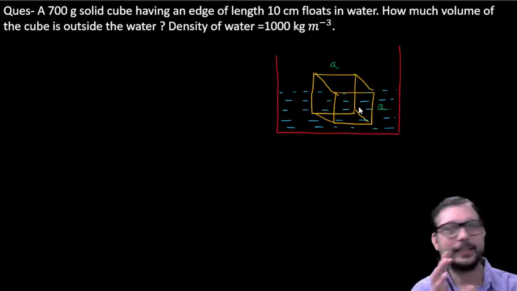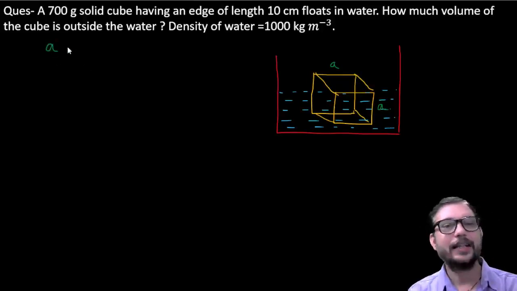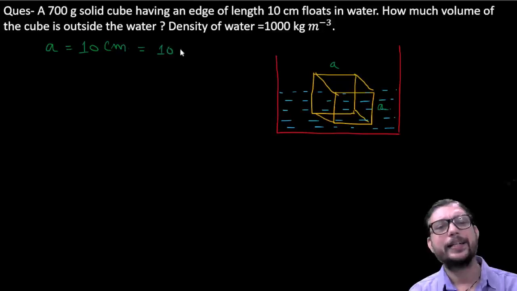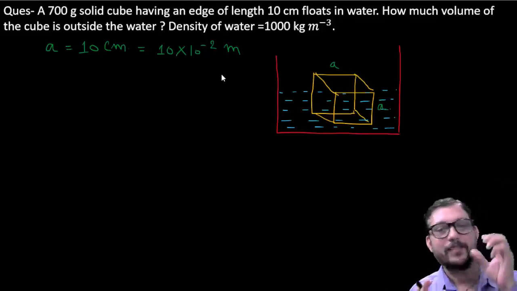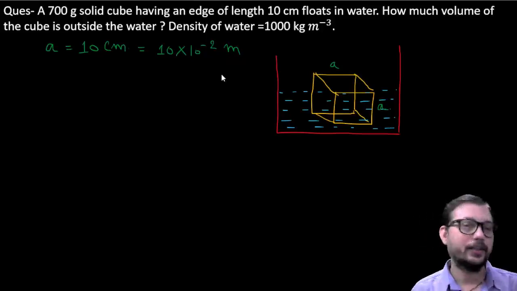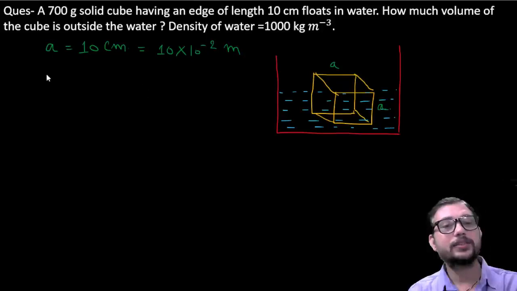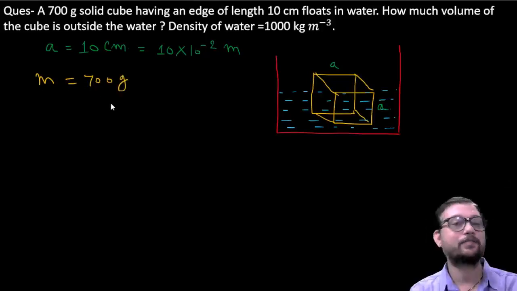Because in the case of a cube all edges are the same, here we have edge a, and that is 10 centimeter, or we can write 10 into 10 to the power minus 2 meter. So this is the edge of the cube floating in the water. And it is given that the mass of that cube, small m, is 700 gram.